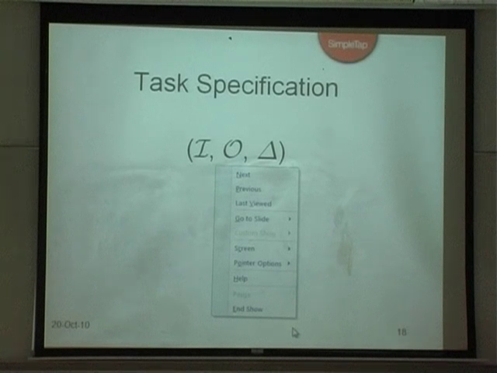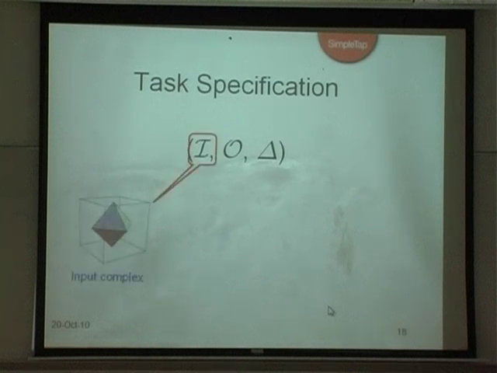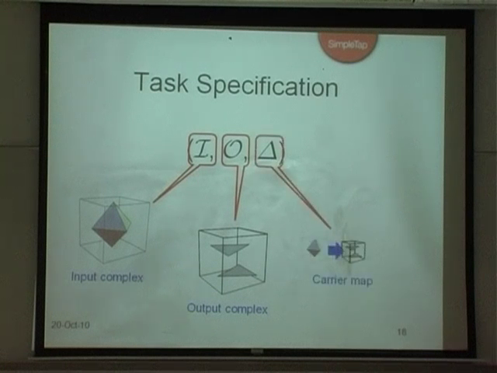So more generally, if I give you a task specification, I'm going to give you a triple consisting of the input complex. This says these are what all of the possible initial states of the world will look like, expressed as a simplicial complex. These are what all the final states of the world look like, expressed as an output complex. And then I'm going to give you a carrier map that says if you start out here, you can end up anywhere over here.